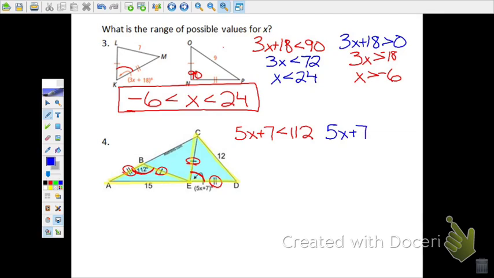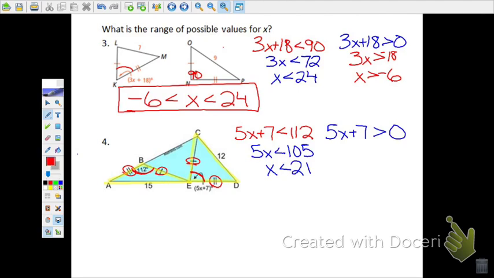Second part is always going to be greater than 0. So now I have to do the algebra. I'm going to subtract 7. 5x is less than 105. Divide by 5. X is less than 21.